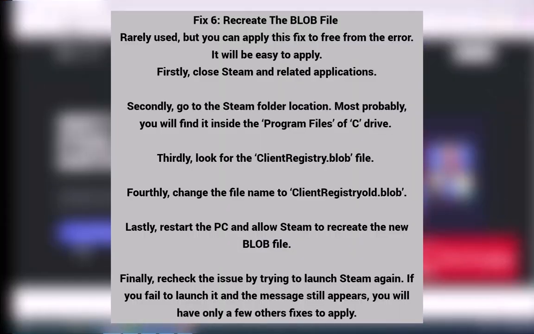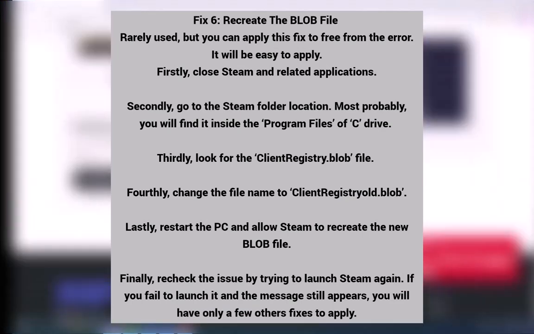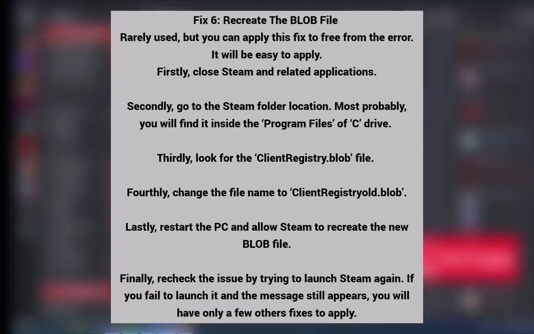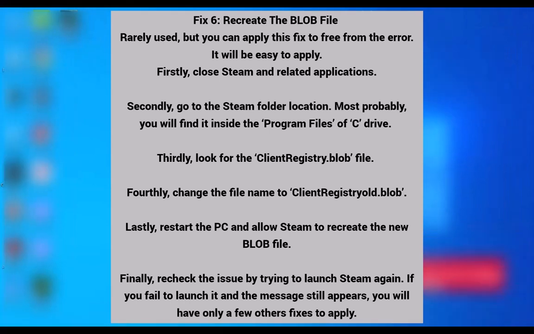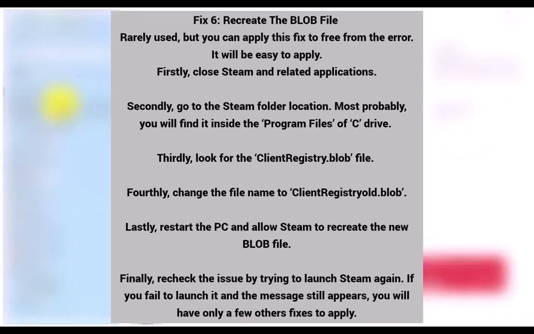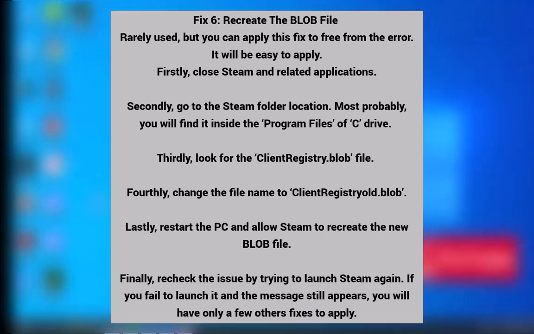Fix 6. Recreate the blob file. It is rarely used, but you can apply this fix to free yourself from the error. It will be easy to apply. Firstly, close Steam and related applications. Secondly, go to the Steam folder location. Most probably, you will find it inside Program Files on the C drive. Thirdly, look for the clientregistry.blob file.